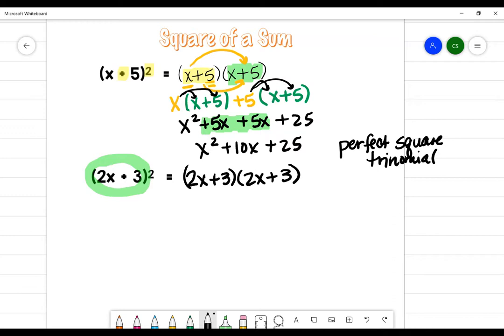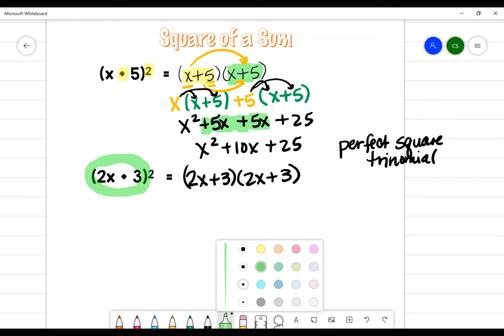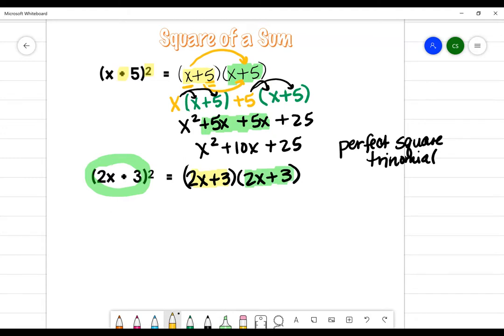Now, it just looks like a binomial times a binomial, where again, I multiply every term in my first binomial to every term in my second binomial. So I take 2x and multiply it to the second binomial. And I take positive 3 and multiply it to the entire second binomial.